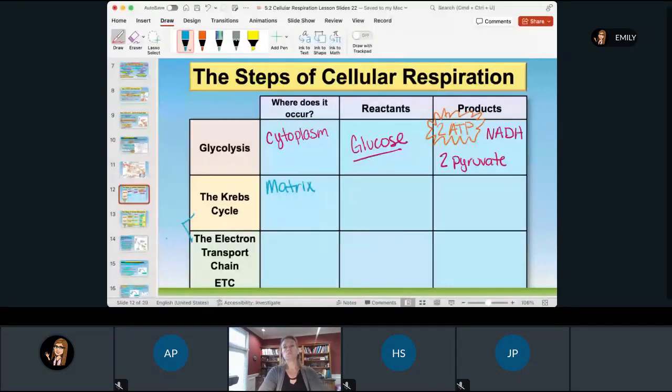These are both in the mitochondria. So that takes place in the matrix. Okay. What is my one ingredient that I need for the Krebs cycle? Good. 2 pyruvates. Okay. And what are my 4 different products that I get from the Krebs cycle?